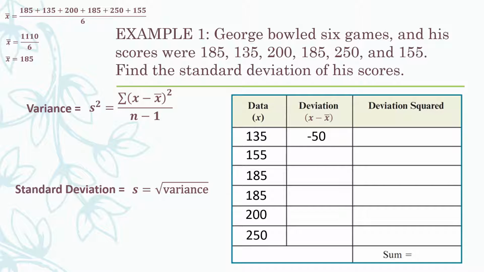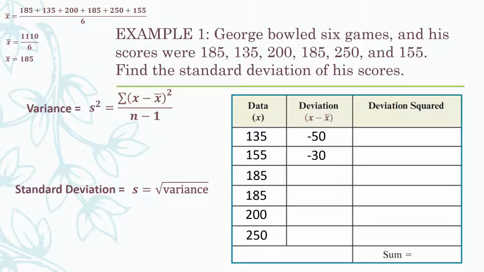Let's look at our next deviation. It's going to be 155 minus 185, again data value minus the mean. So 155 minus 185 is negative 30.